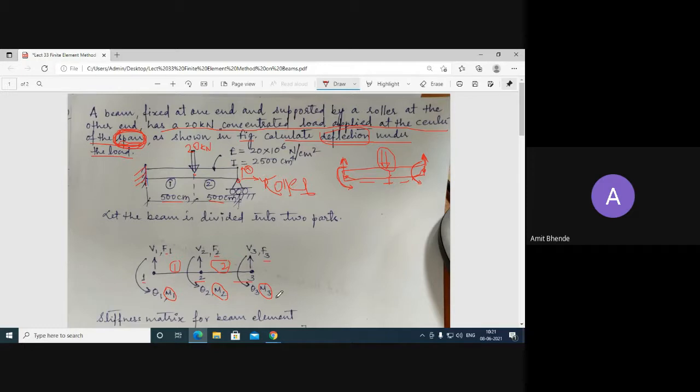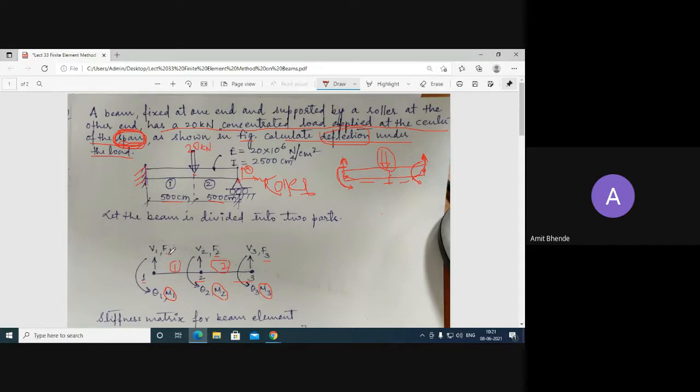So M1, M2, M3, these are the three moments that we consider at the three nodes. And since there are moments applied at nodes 1, 2, and 3, that means these nodes will undergo angular displacement as well.